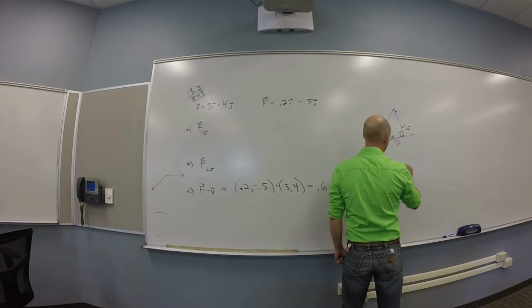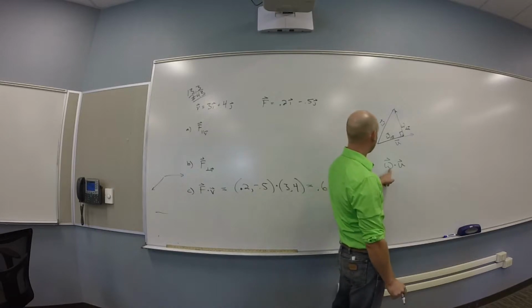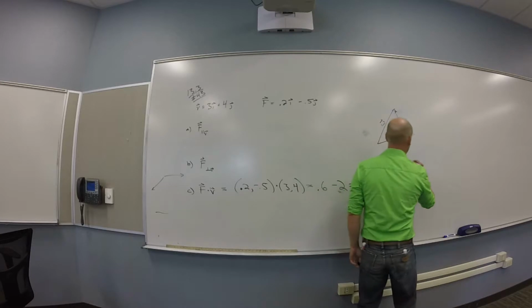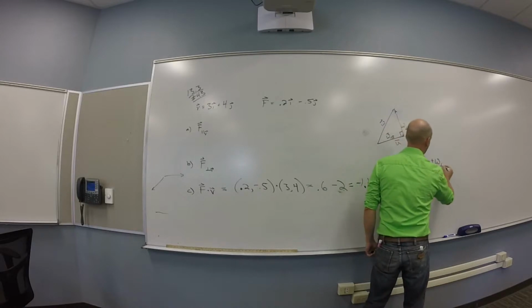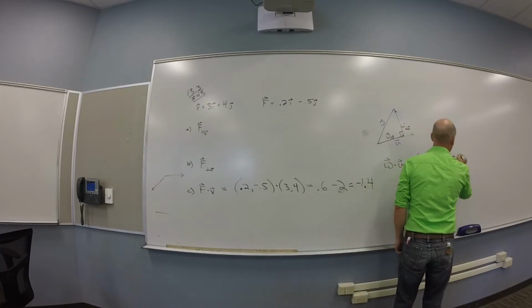So let me think about w dotted with u, right? But I'm going to try to break w into 2 pieces. So I'm going to say that's w parallel to u plus w perpendicular to u, and I'm going to dot that with u.